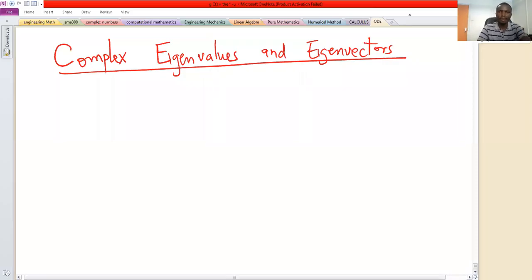Welcome back. In this session, we are going to discuss how to solve systems of differential equations that result in complex eigenvalues.